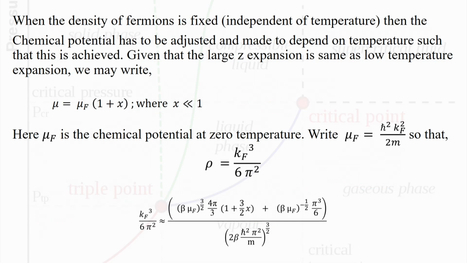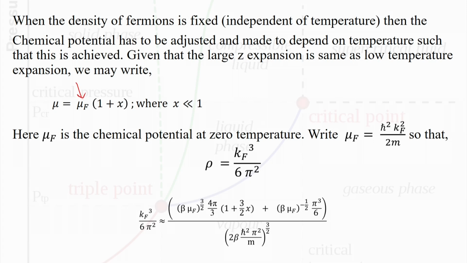So, for fermions it so happens that at absolute 0, the chemical potential actually freezes to a certain value which I have called mu f. Remember that large Z expansion is the same as low temperature expansion for reasons that are obvious, because large Z means e raised to beta mu is large, and you can think of mu as something fixed and then make beta large.